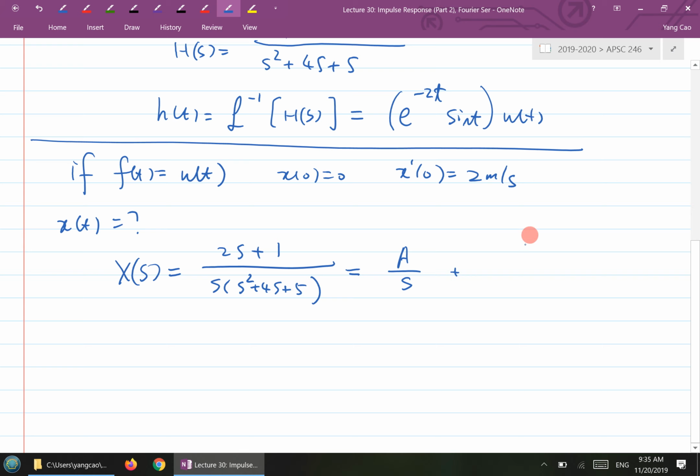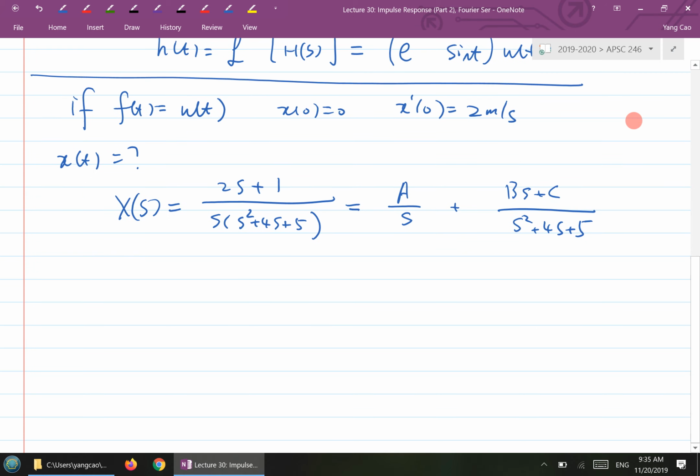So your partial fraction expansion accordingly has to be in this format. Okay. So once you get this, you can use the comparing coefficients approach to calculate the values of constants A, B, C. And A turned out to be 1/5.